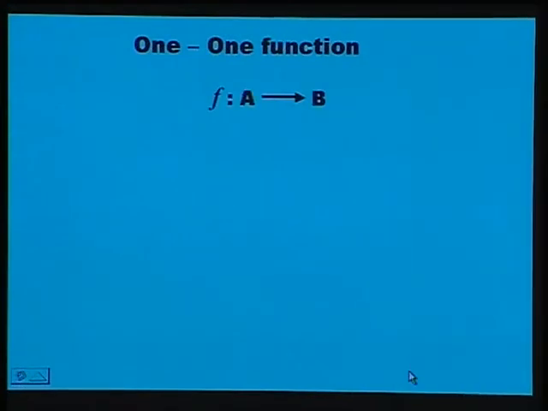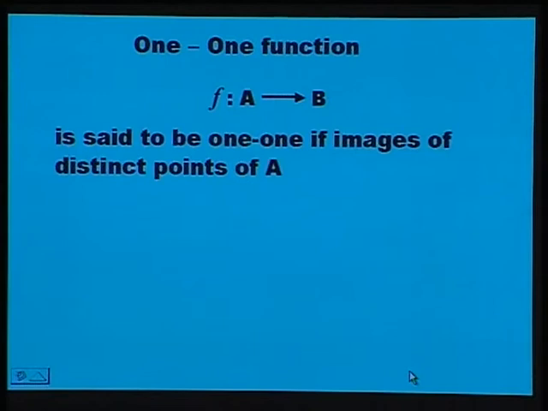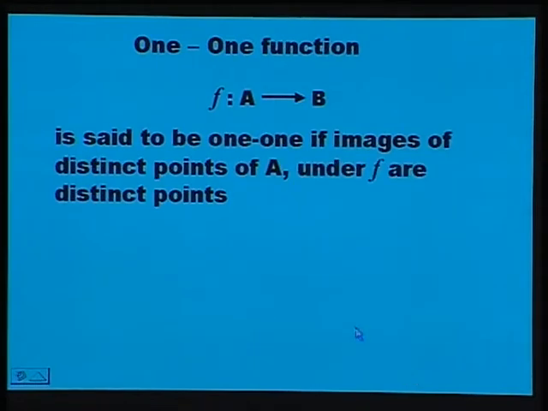An important type of function is the one-to-one function, or the one-one function. Let's define a one-one function. If f is a function from set A to set B, it is said to be one-one if images of distinct points of A, that is the domain, under f are distinct points of B. So, we'll take an example.